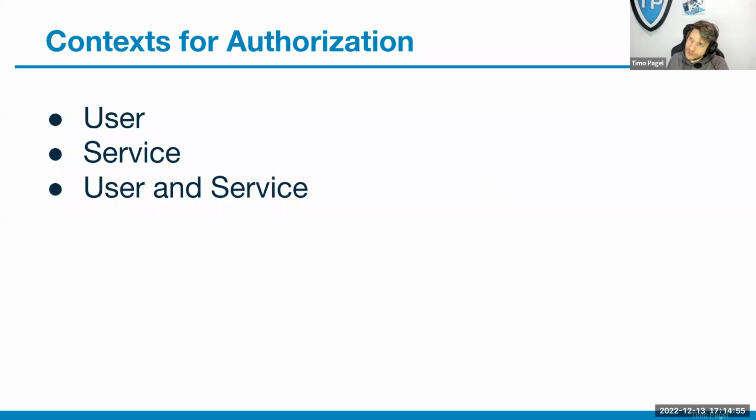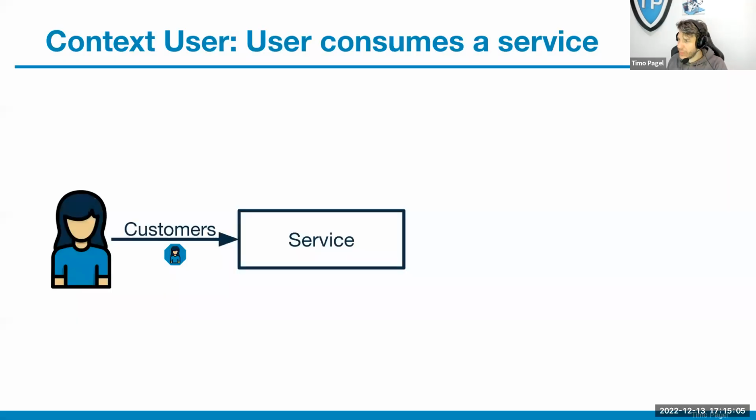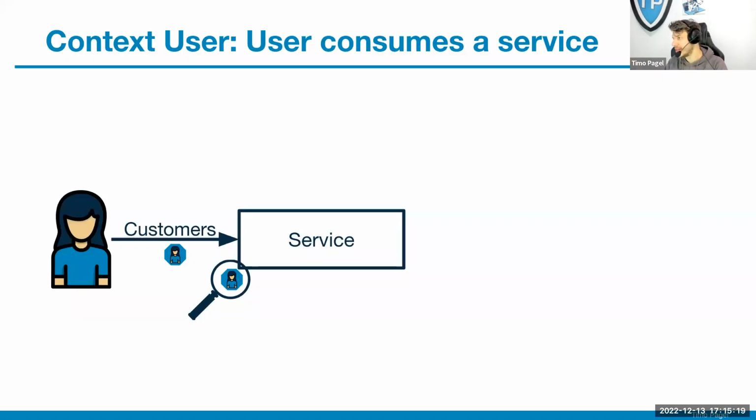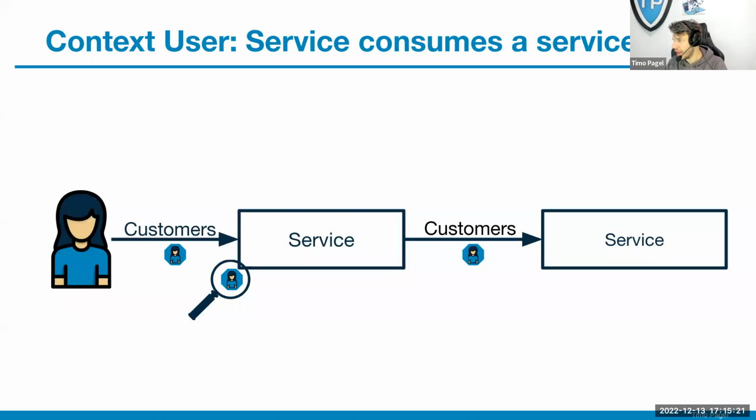And you have different contexts for your authorization. You have the user, the service, and the user and the service. So the user context here means that the user consumes a service and provides the access token, and then the service can validate this specific access token. And then afterwards, the service might request another service.